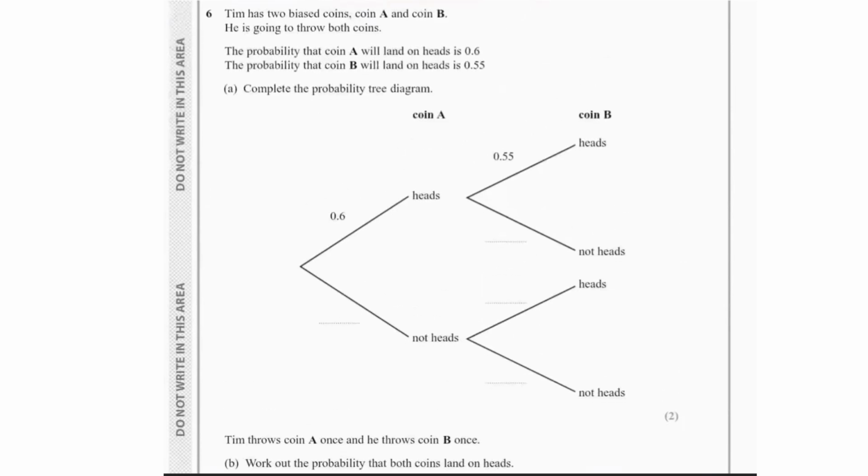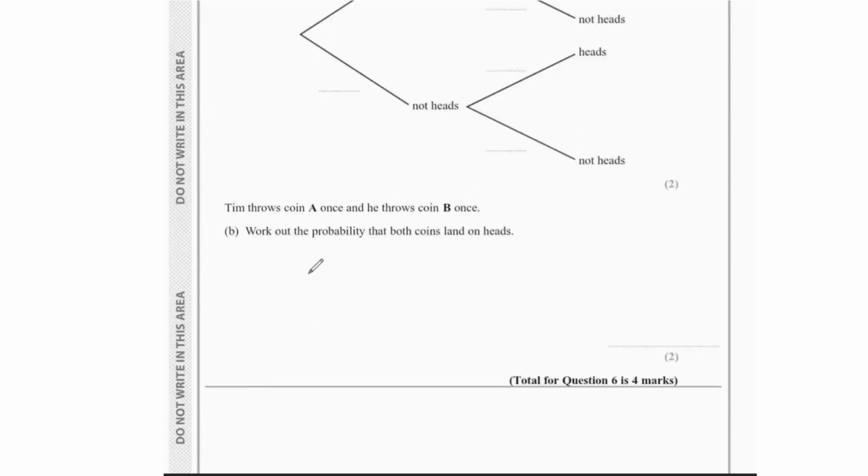So for both coins to land on heads, this is the rule that we're following. So it's going to be 0.6 multiplied by 0.55, and that is going to give us 0.33. That is the probability of the coin landing on heads both times.